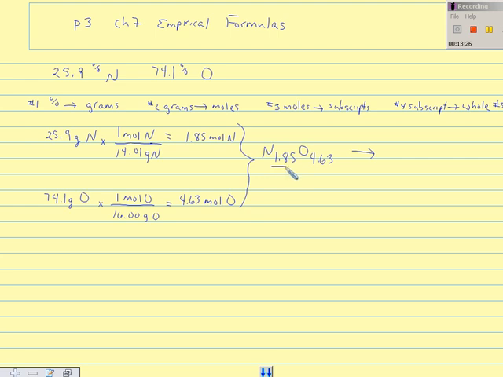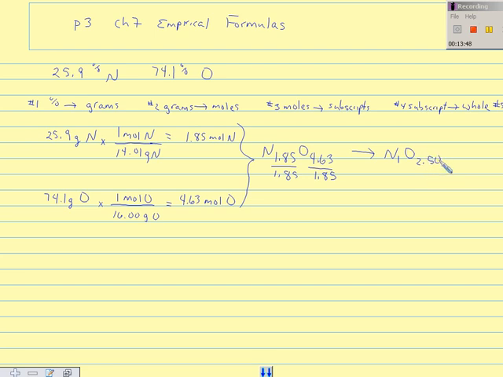So we divide both by 1.85. And when we do that, we get nitrogen 1 and O 2.50.